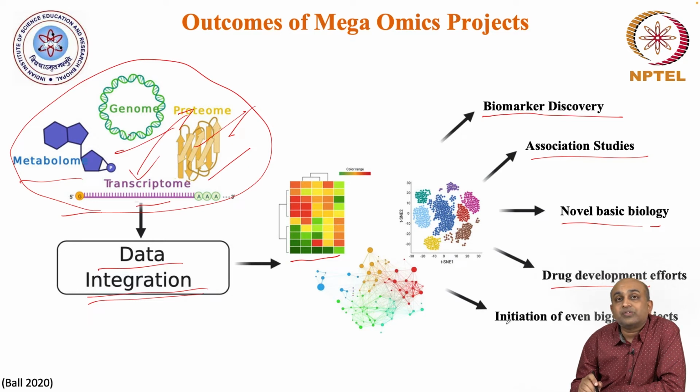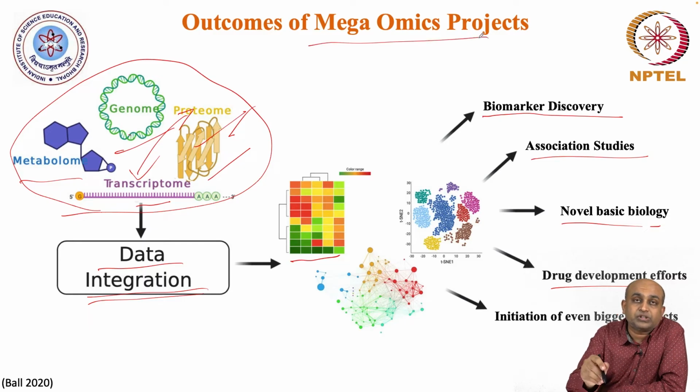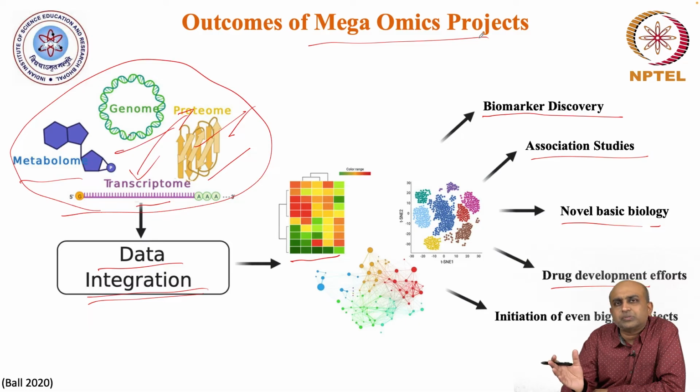Of course, one of the things that we have seen over the course of all these mega omics projects is, whenever there is one mega omics project and you generate all this data, it seems like, oh, this is such a large project, this is going to end all these mega omics projects. But generally what happens is, by the end of that mega omics project, the technologies have developed so much, our omic assays have become so standardized, that you end up initiating an even bigger project. Right?